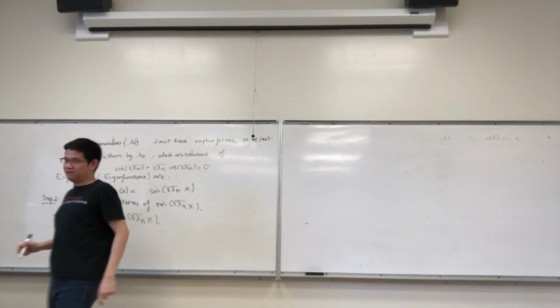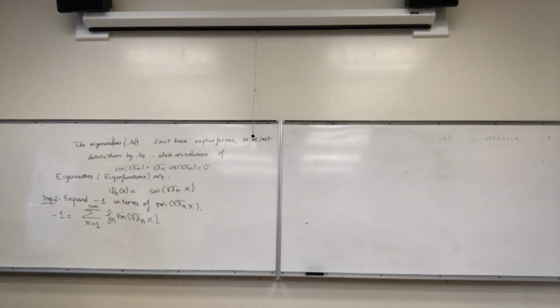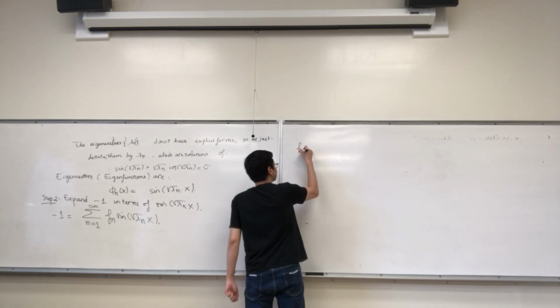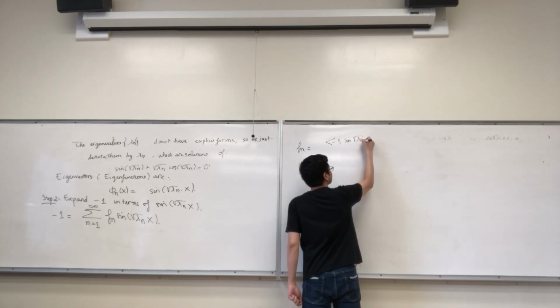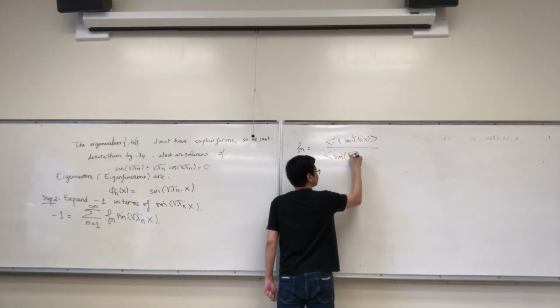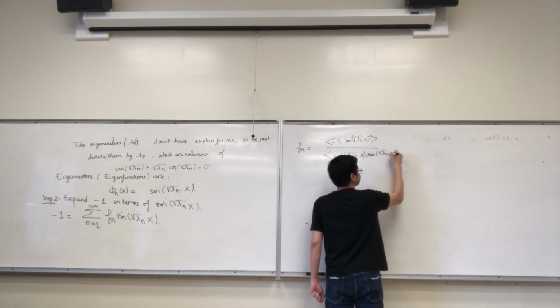Right? So how can I compute fn? Use the orthogonality. Yes. You use orthogonality. Right, so you can compute fn using the formula, which is the following. So you have fn will be the inner product of minus 1 with sine of square root of lambda n x, divided by the inner product of sine of square root of lambda n x with sine of square root of lambda n x.